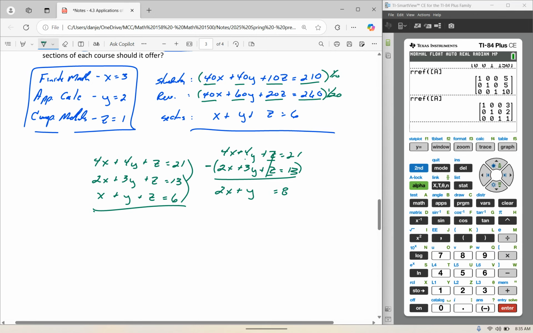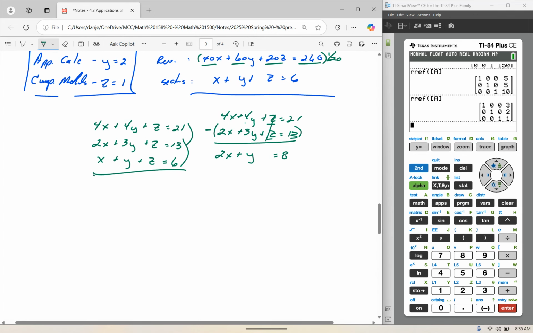If I take my bottom 2 equations, 2x plus 3y plus z equals 13, and x plus y plus z equals 6, and I subtract again the bottom equation from the top, 2x minus 1x is x, 3y minus y is 2y, these will cancel, equals 7.